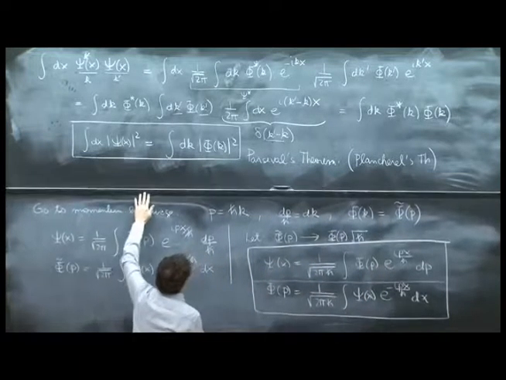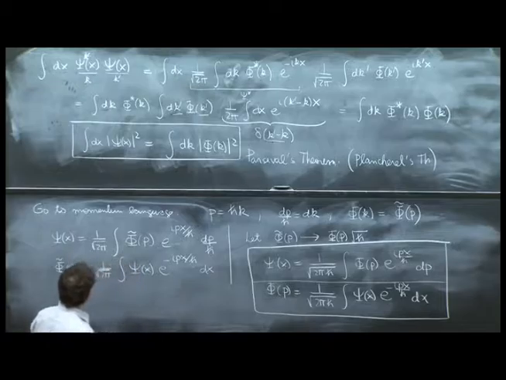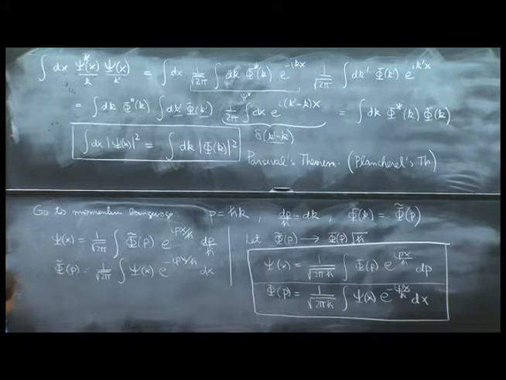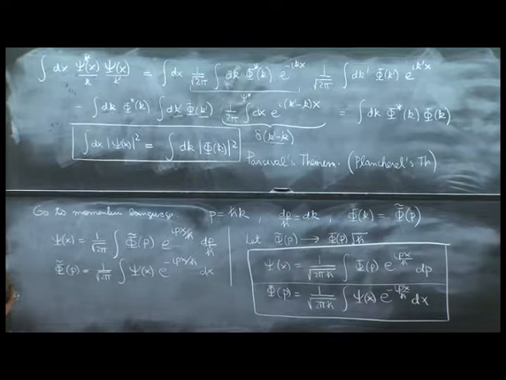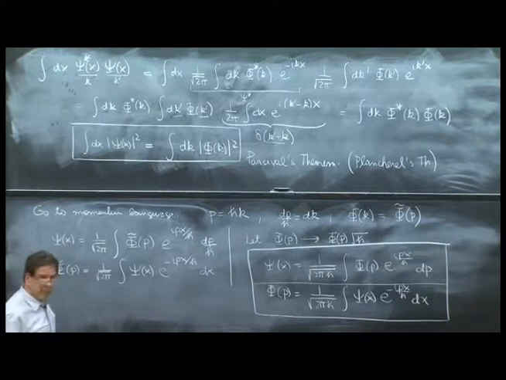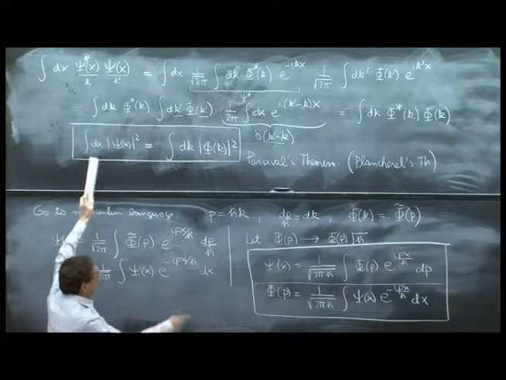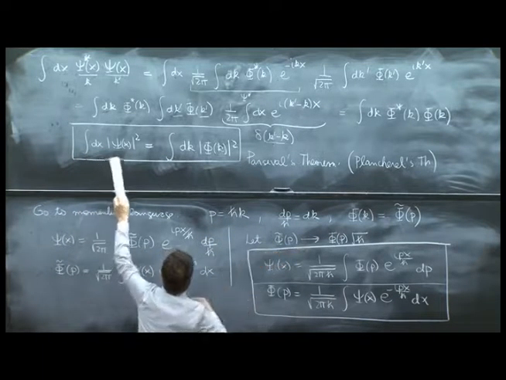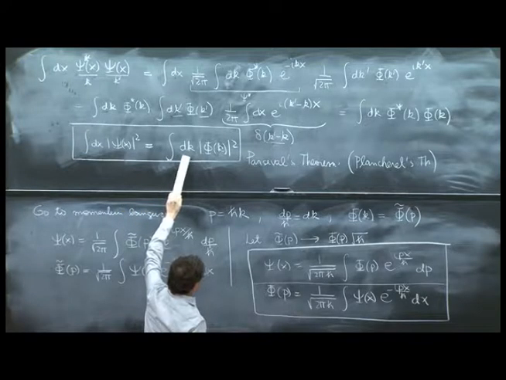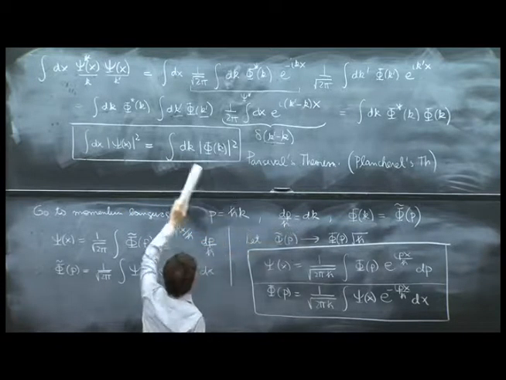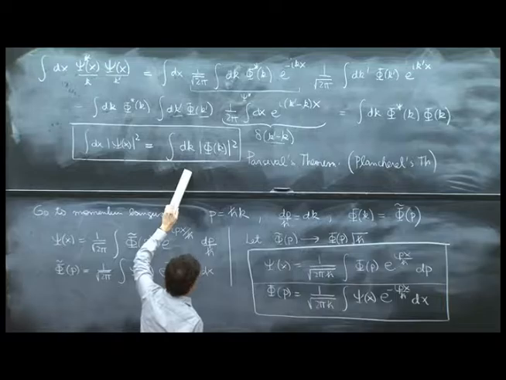Now you can ask, what happens to Parseval's theorem? Well, you have to keep track of the normalizations. Let me say it. This left-hand side, when we do all these changes, doesn't change at all. The second one, dk, gets a dp over h bar.